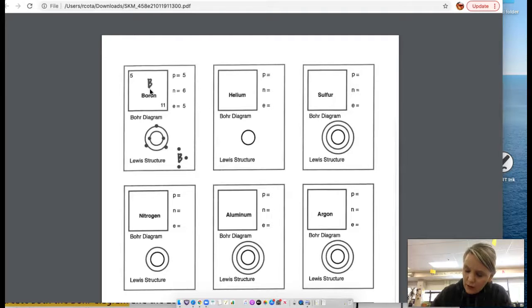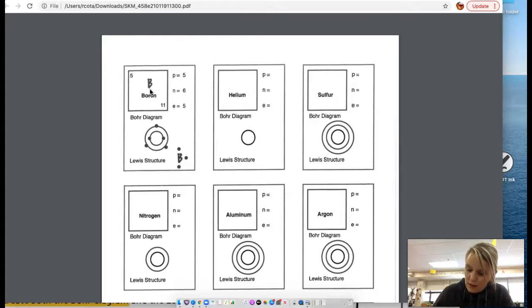I know that the symbol for boron is a capital B. I will write the name underneath it. We are also calculating how many protons, neutrons, and electrons there are. This one is actually done for us, so that's pretty easy.